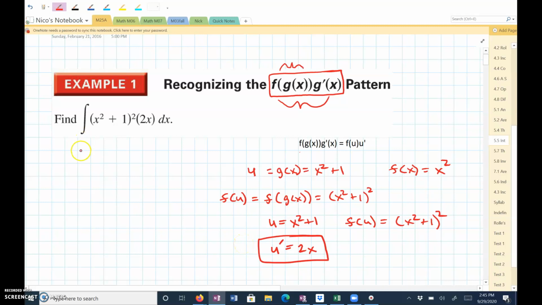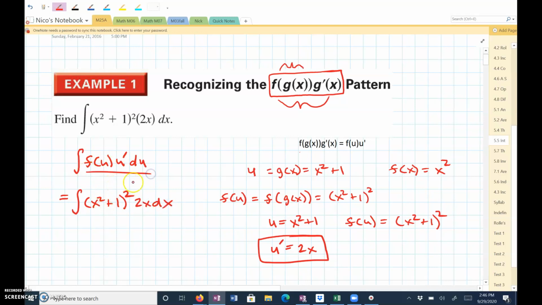Okay, so the form here is going to be f of u times u prime du. So f of u is going to be x squared plus 1 squared. U prime is 2x dx.